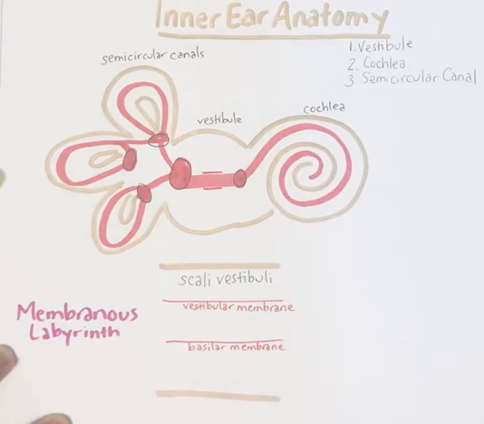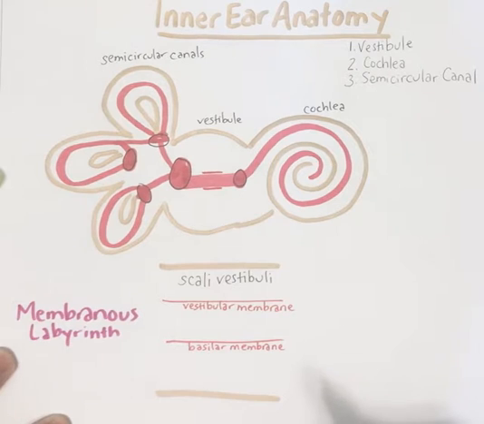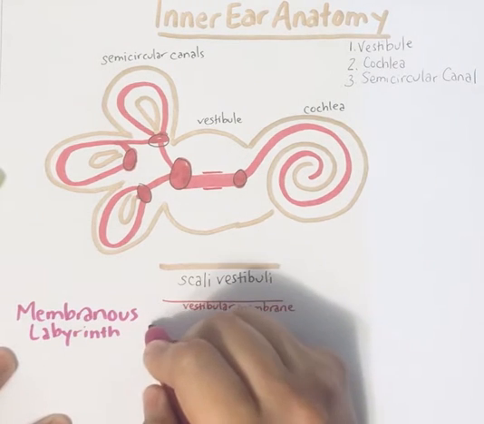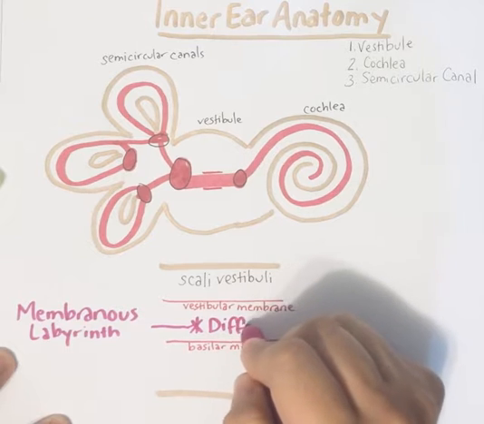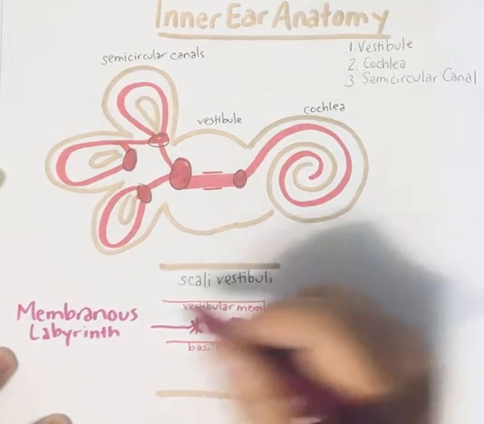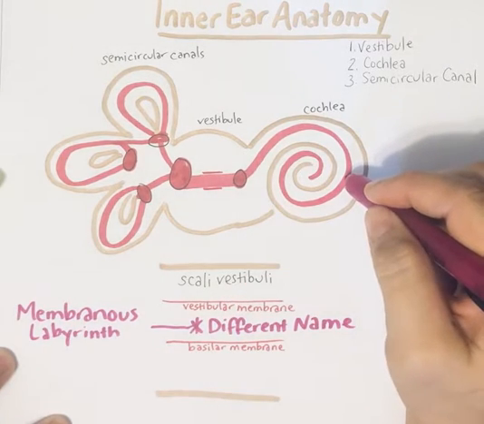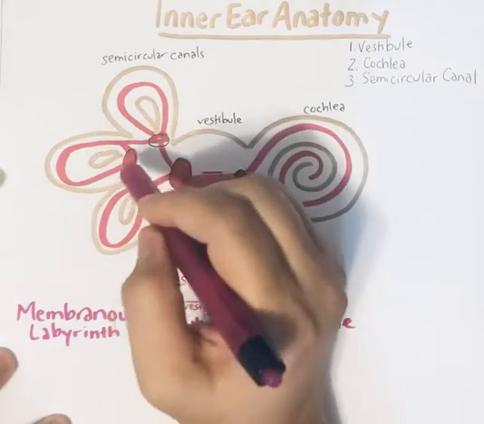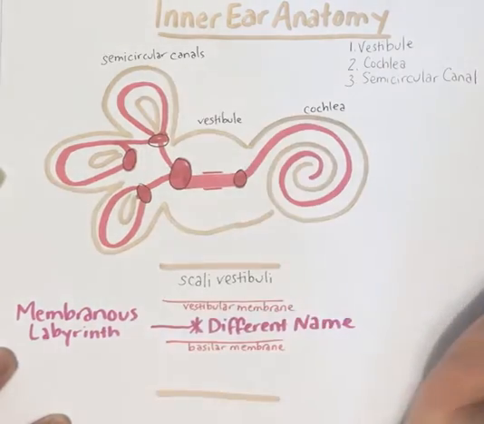Now, every layer in the vestibule, the cochlea, and the semicircular canals are going to have a different name. So there's a different name for each membranous labyrinth in the vestibule, a different name for the membranous labyrinth in the cochlea, and a different name for the membranous labyrinth in the semicircular canals.